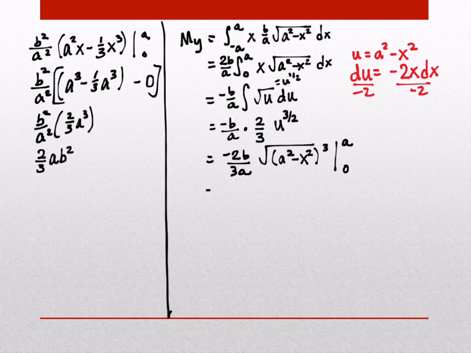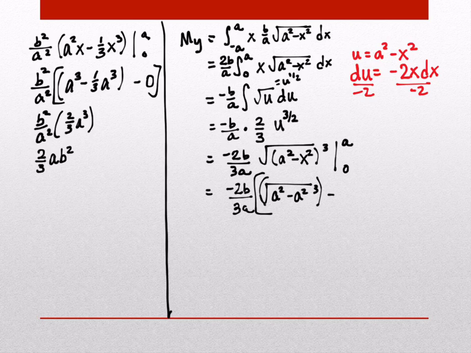So we're going to plug in a first. What happens when I plug in a to this quantity? Yeah, you cancel, so what does it give me, Seth? 0. I'm actually going to get 0 on the first part of this one.